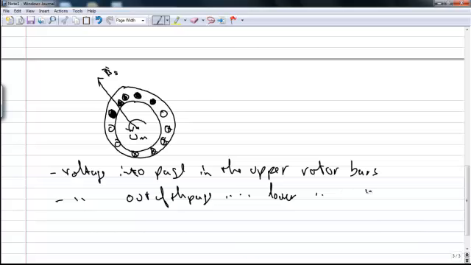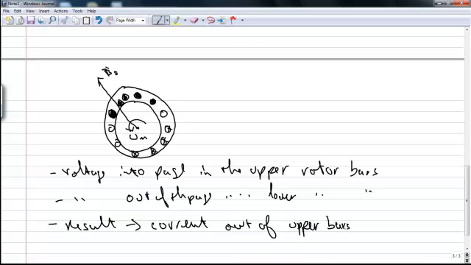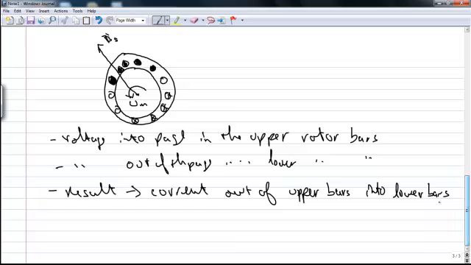So we get a current out of the upper bars into the lower bars. So we have this current in the rotor. And again, we said that the rotor is inductive, and therefore the current is going to lag the voltage.